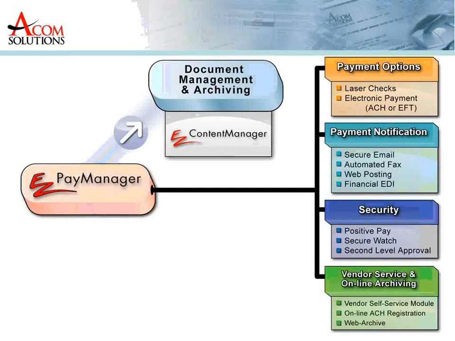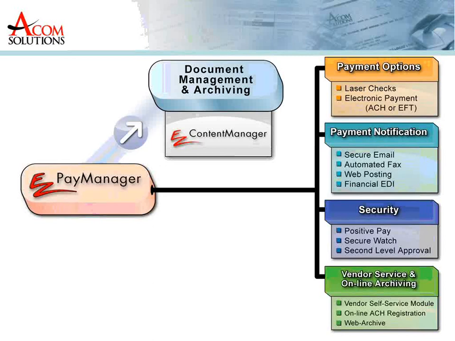We do this with a series of web and PC-based tools where the outreach, what we call the vendor outreach program, is automatic. An example of that is when we issue a payment, we can also simultaneously send an email stating that your payment has been sent, and if you'd like, this payment can be made electronically in the future.